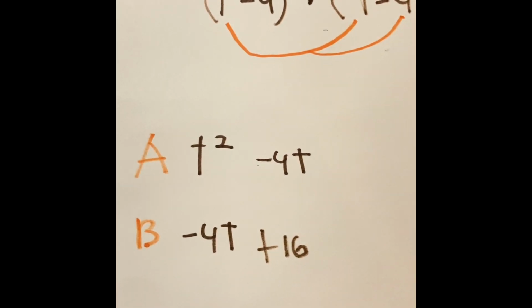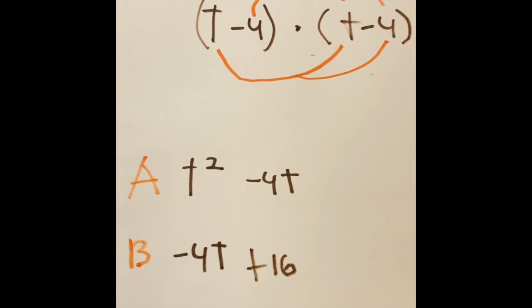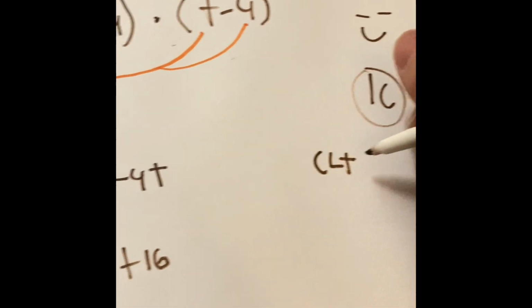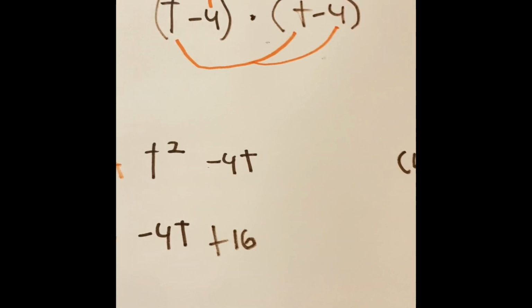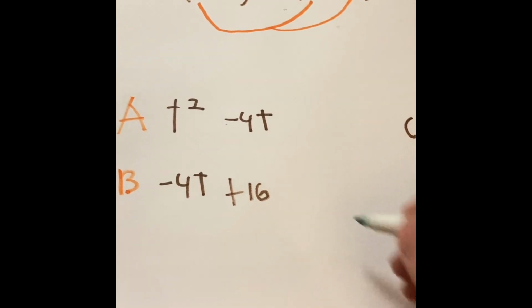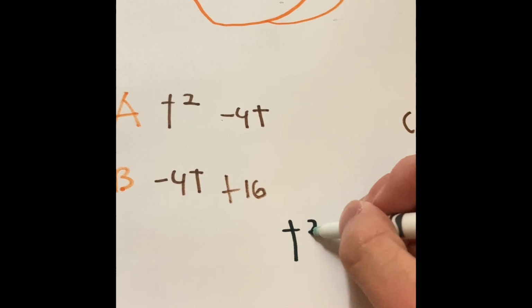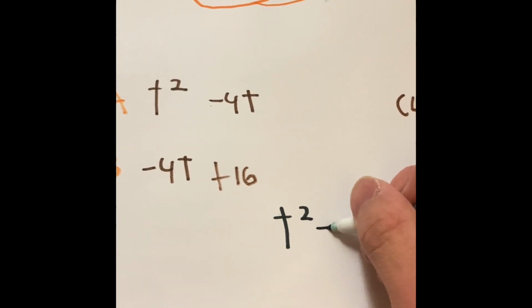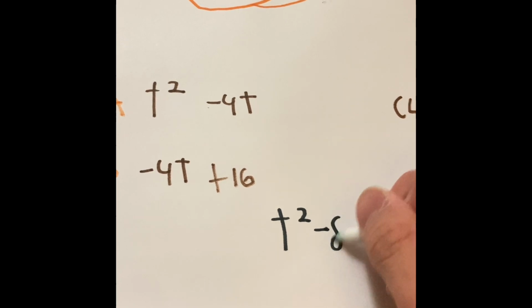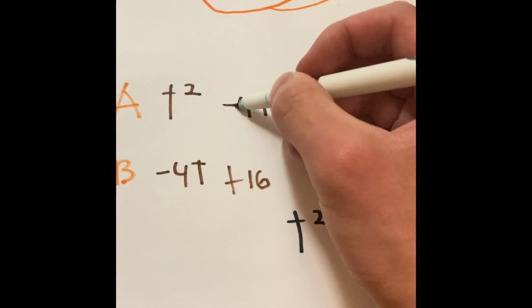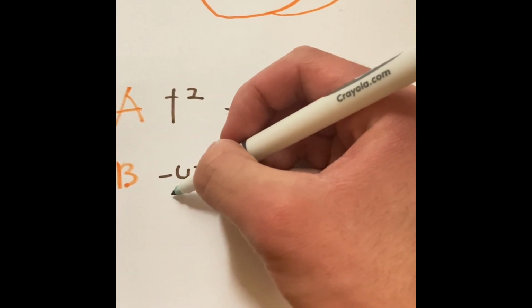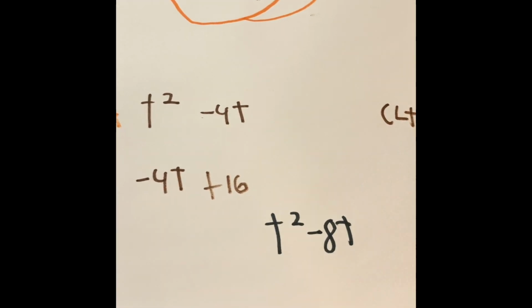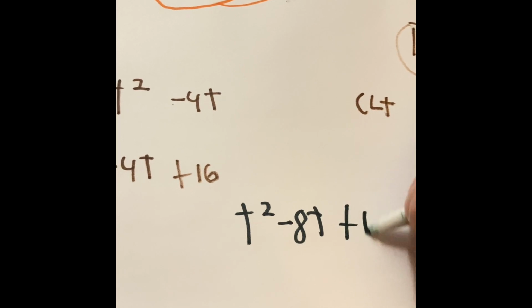What we just did is come up with two expressions. Now, we get to combine the like terms, and we'll get our final answer. So, we have t squared, or t to the second power, minus 8t, because -4t minus 4t is -8t, plus 16.